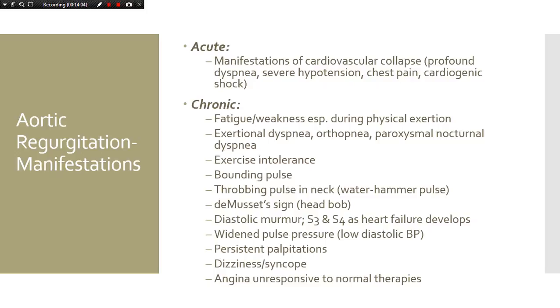Exertional dyspnea, orthopnea, and paroxysmal nocturnal dyspnea develop only after considerable heart dysfunction has occurred. Angina occurs less frequently than in aortic stenosis. Patients with chronic severe AR develop a water hammer pulse, a strong quick beat that collapses immediately.